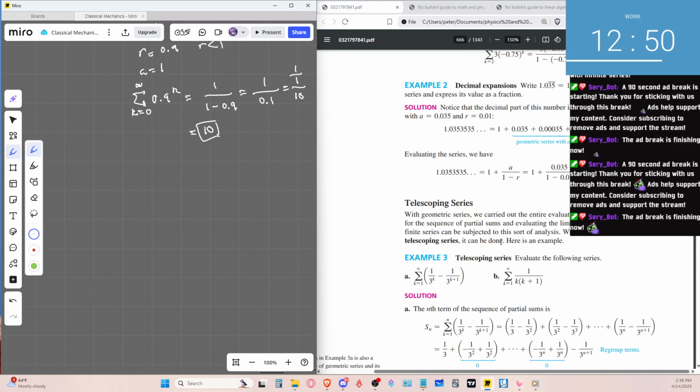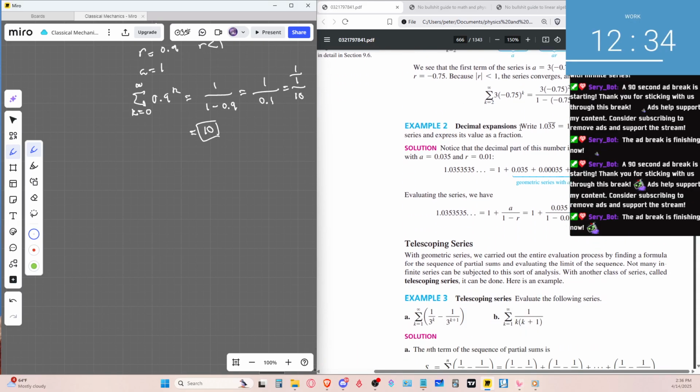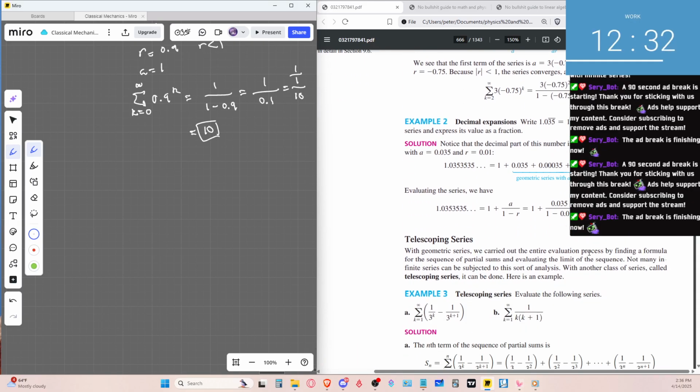Not many infinite series can be subjected to this sort of analysis. With another class of series called telescoping series, it can be done. Here's an example. Oh, sorry guys, I didn't realize I was reading this portion. Hopefully, you not being able to read it doesn't deter you from what I was saying.